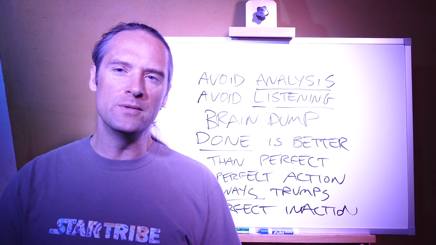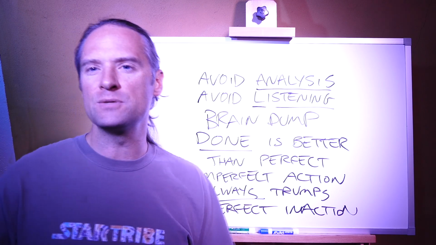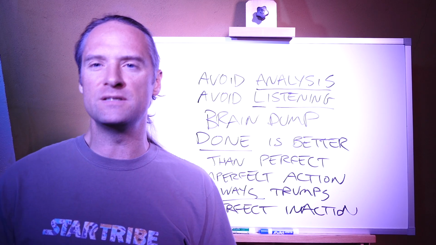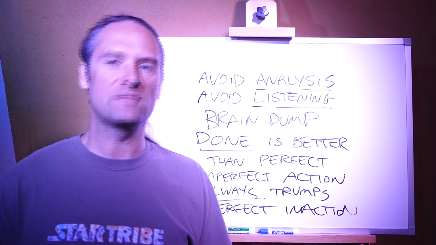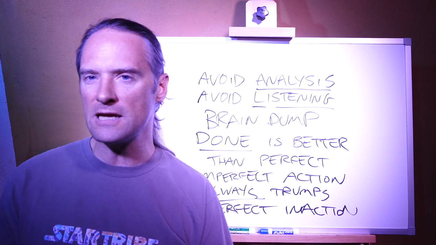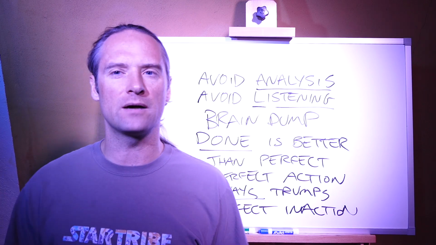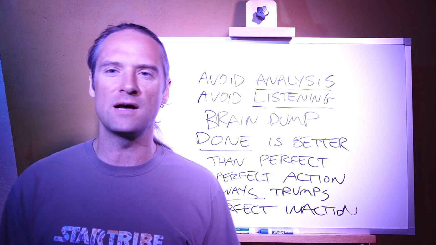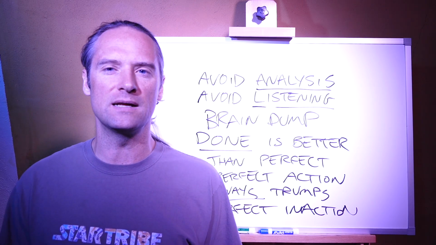So you've got your notebook, you've got your pen out, and as you listen, you need to be writing down what comes to your mind of what you need to do next, and then be crossing stuff off your list as you go so that you can keep yourself moving forward and not get stuck in analysis paralysis or loopitis or any of this other stuff that isn't actually taking action in your track.